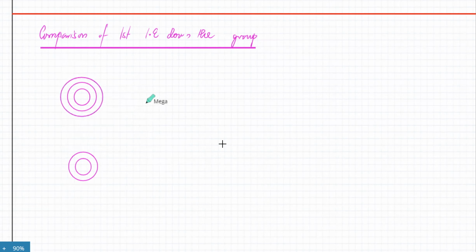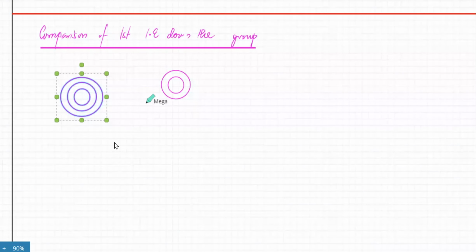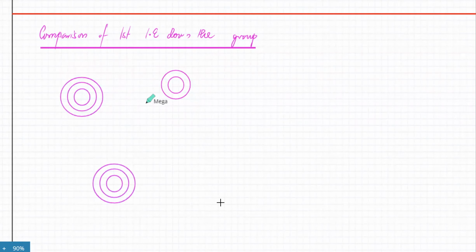And after sodium, there's going to be potassium. It's going to have another shell. So that is potassium's 1 extra shell. So I've drawn 3 atoms.